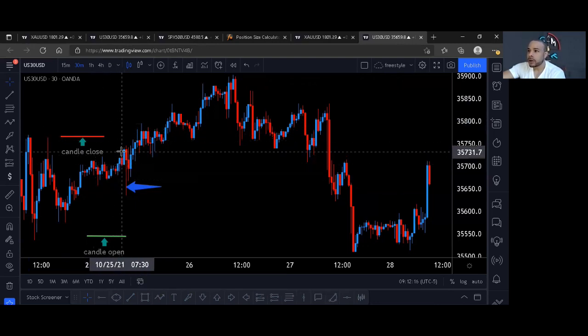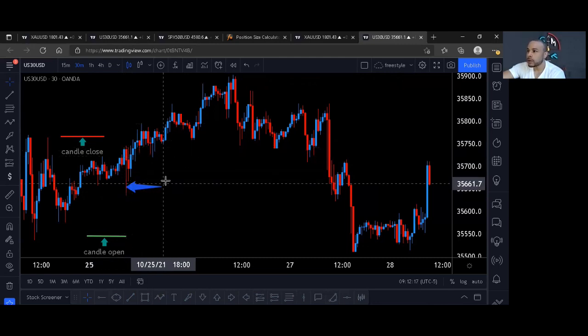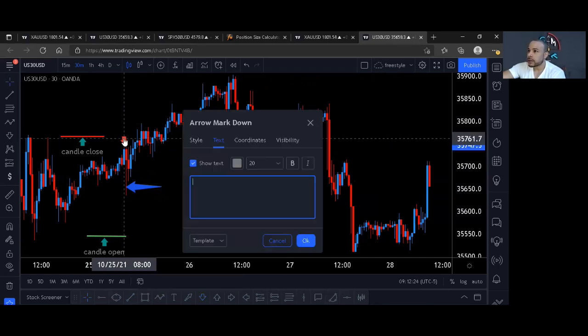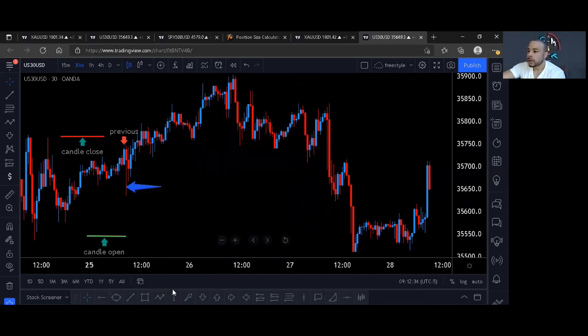So if we want the open of this candle, we have to go to the candle before, which is this one. This is the previous candle, and that's where the previous candle printed, where the previous candle ended during that time frame.